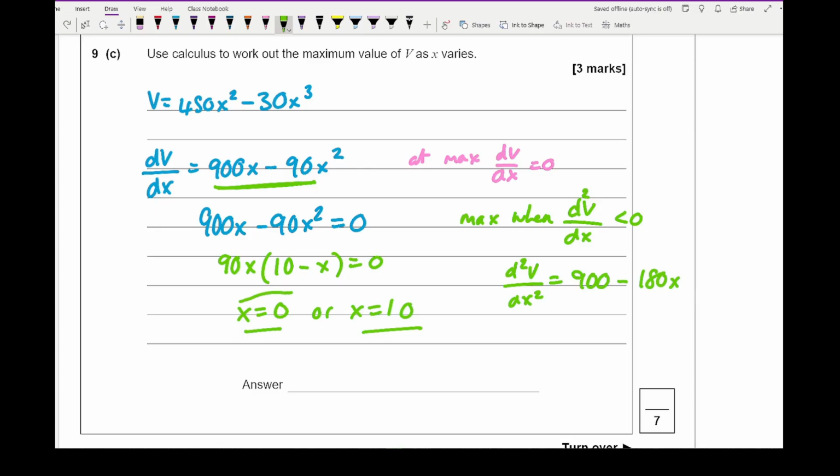Looking at these two values, when I substitute x equals 0, the second derivative is going to be greater than 0, so the only possible value is when x equals 10. That's the only way I'm going to get my second derivative to be less than 0.